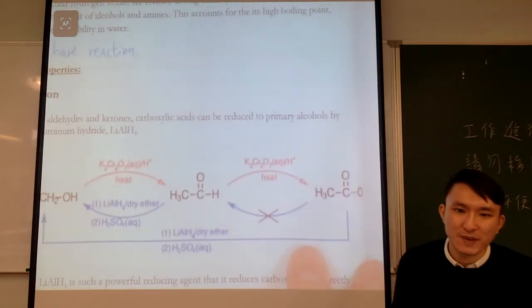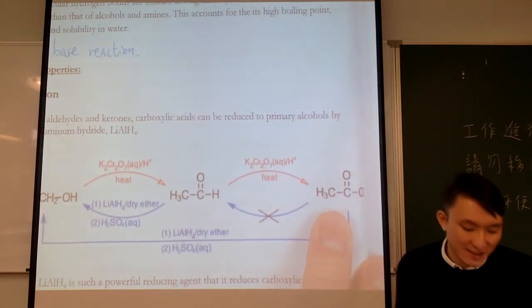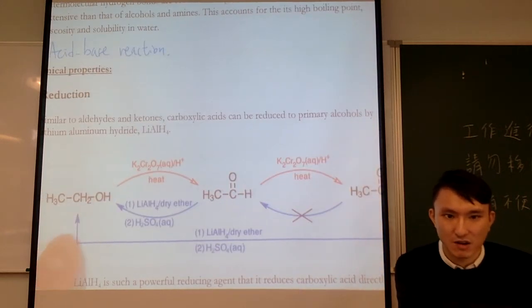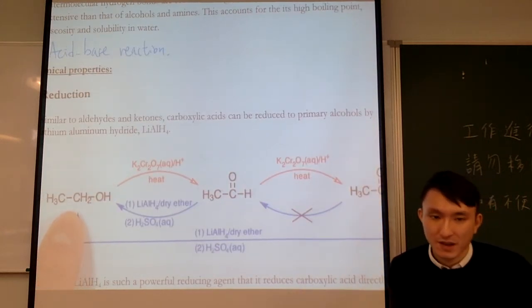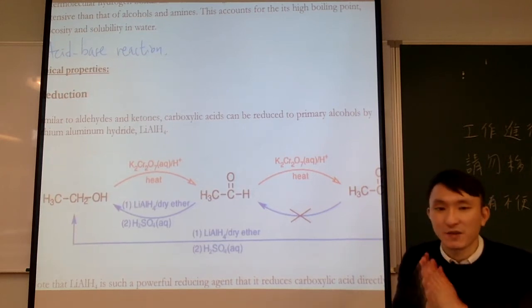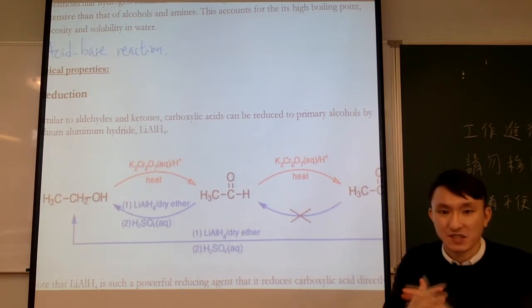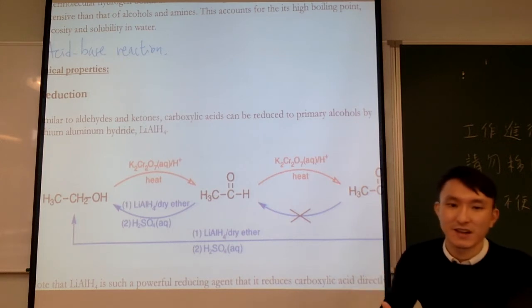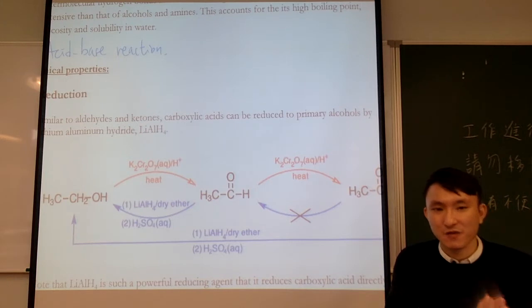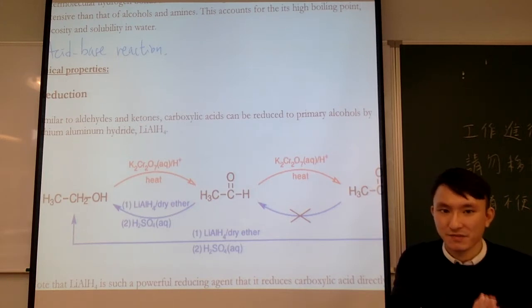First of all, you should be able to tell that ethanoic acid or any carboxylic acid must come from a primary alcohol, because a secondary alcohol, when it undergoes oxidation, forms a ketone, and ketone is resistant to further oxidation. So all carboxylic acids must come from a primary alcohol.